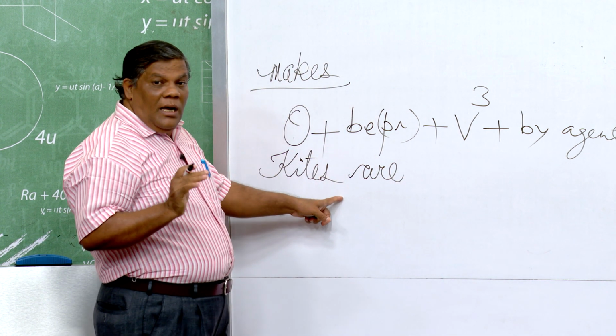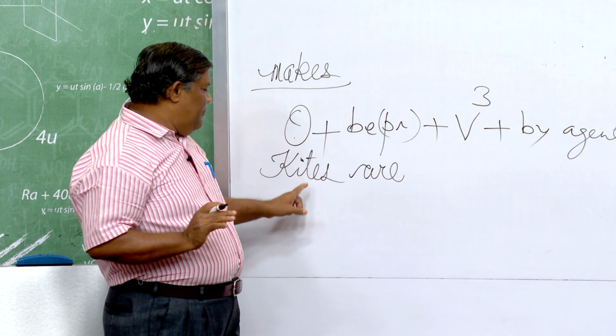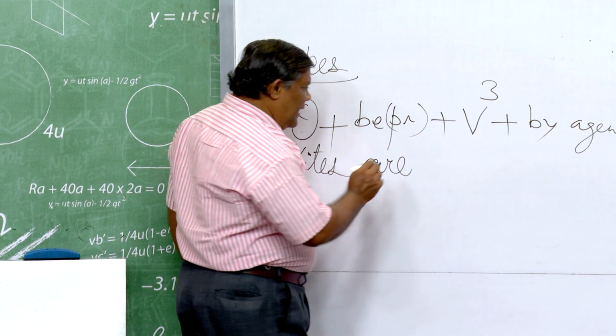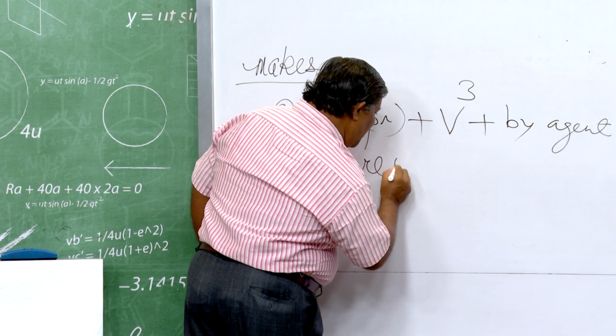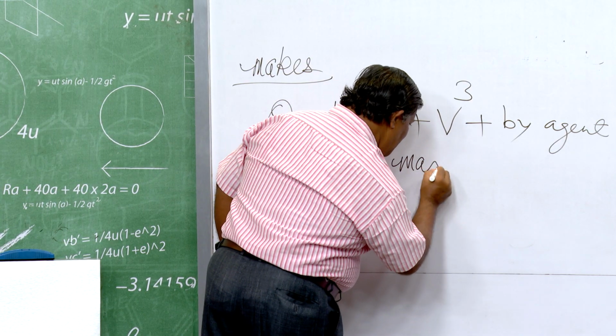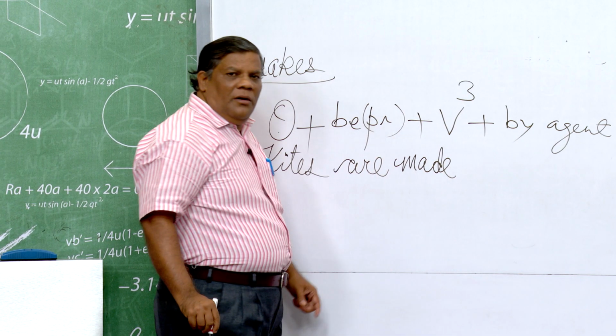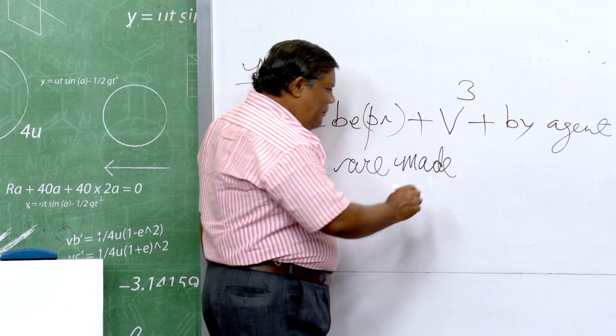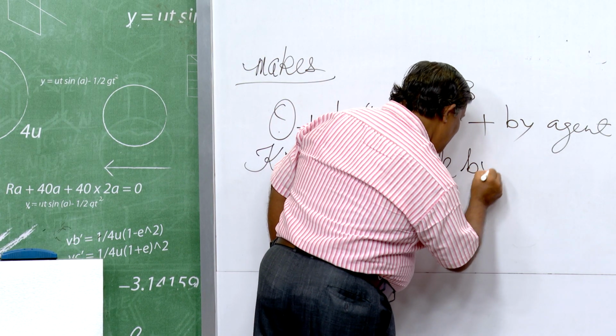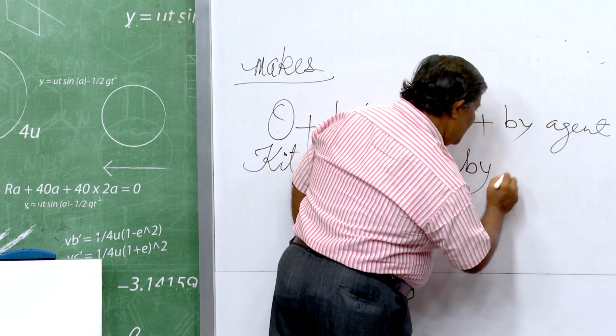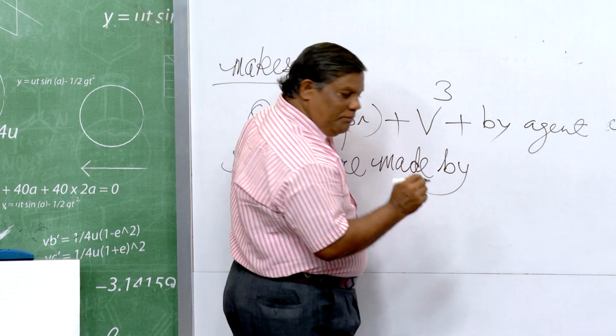Is is not applicable, am is not applicable. So, are is applicable. So, kites are, then the third form of the verb make, made, then by, then the agent; this man is the agent.